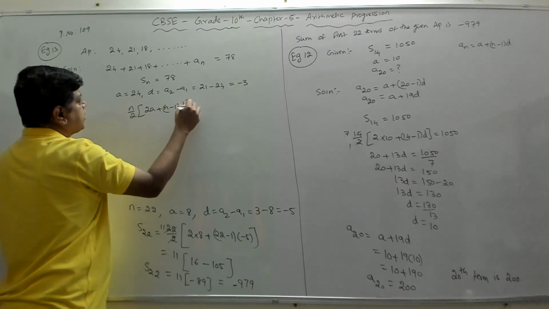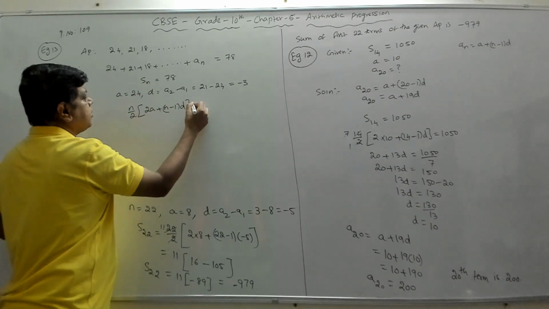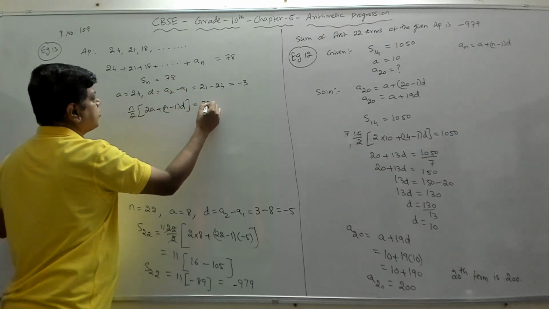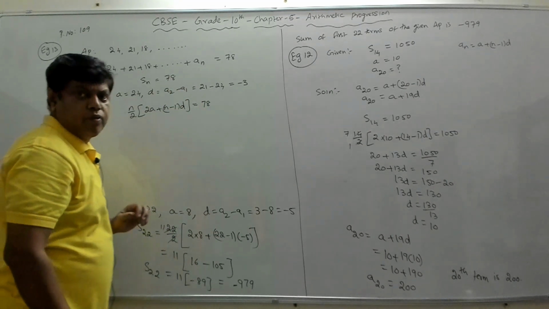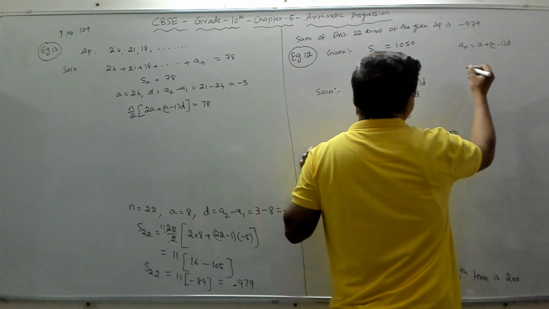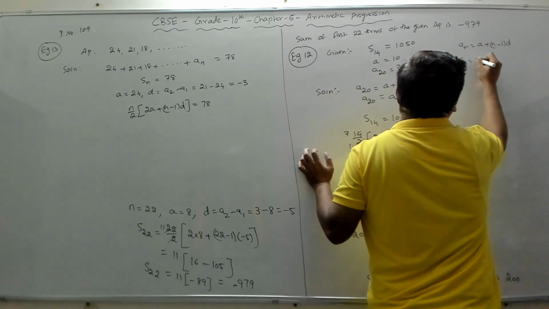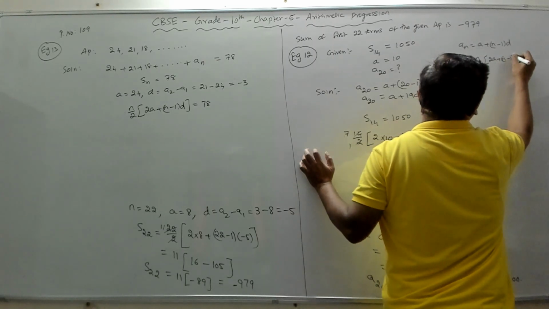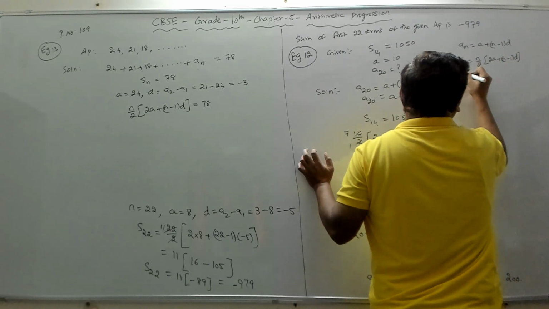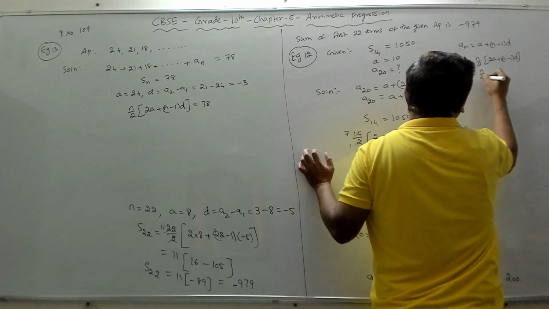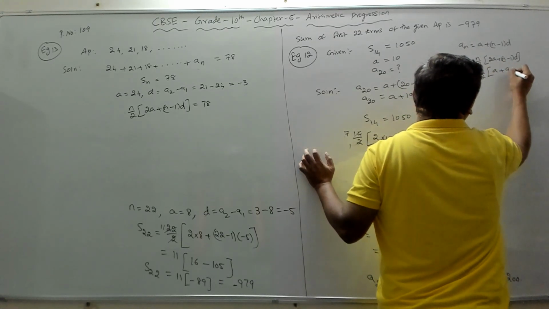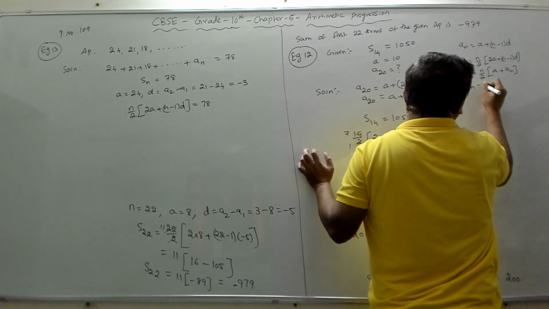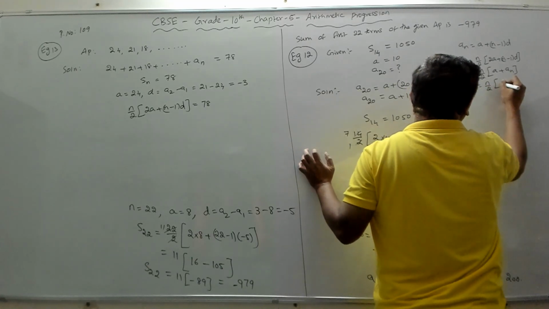That is equal to 78. If you want, I'll write the formula here. Sn is n by 2 into 2a plus n minus 1 into d. The other formulas that we have are Sn is n by 2 into a plus an, and the other one is Sn is n by 2 into a plus l.